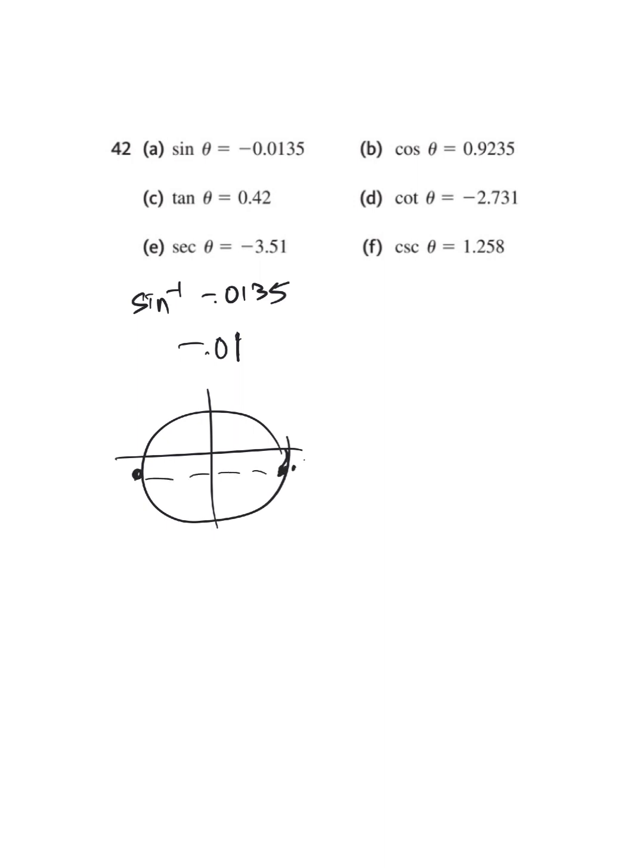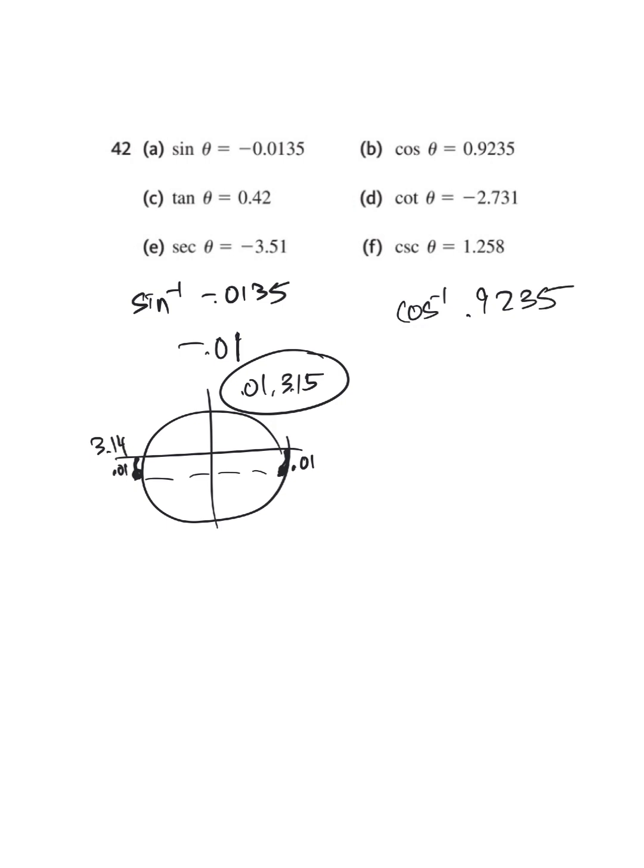So this is 0.01 distance. This is 0.01. But to get what this really is, 3.14 plus that. So 3.14 plus 0.01, that's 0.01 and 3.15.